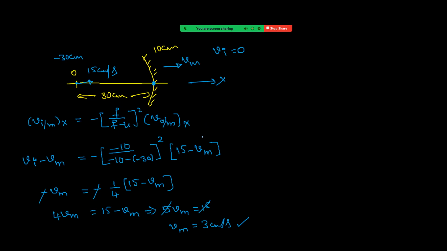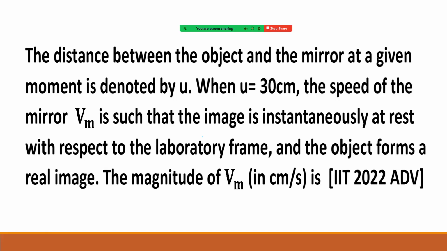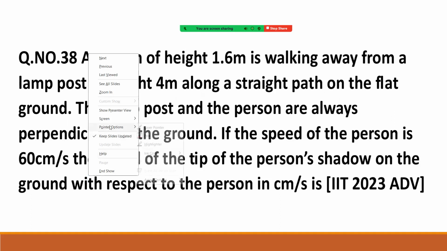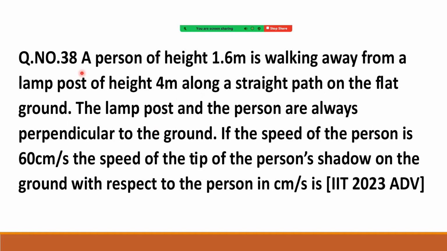Let us see the next one. A person of height 1.6 meter is walking away from a lamp post of height 4 meter along a straight path on the flat ground.